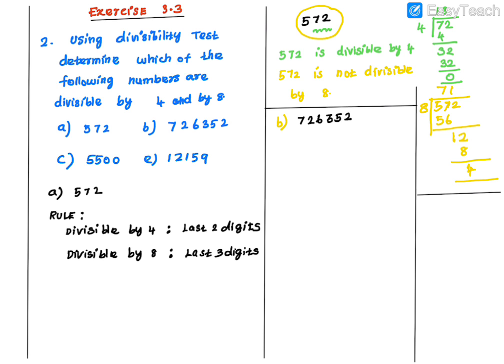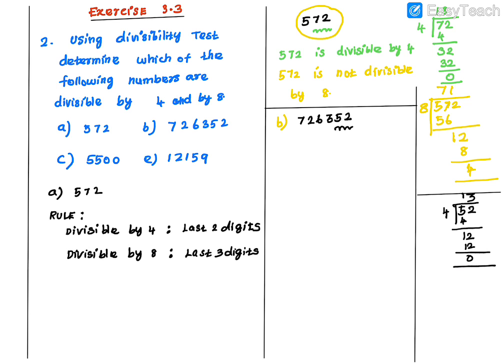Divisibility by 4 means we have to look at the last two digits. What is the number? 52. We have to check whether 52 is divisible by 4 or not. 52 divided by 4: 1 4 is 4, remaining 1, so 12; 3 4s are 12. 12 minus 12 is 0, so 13.